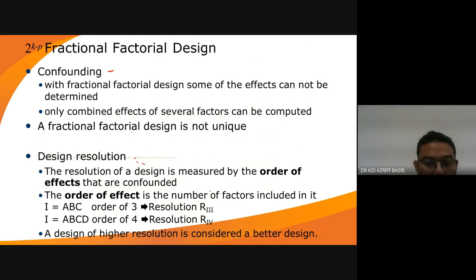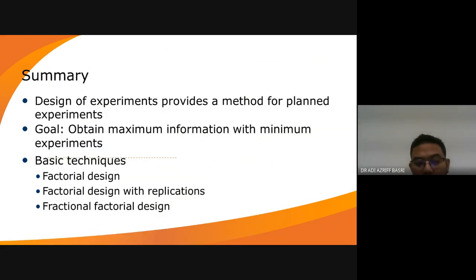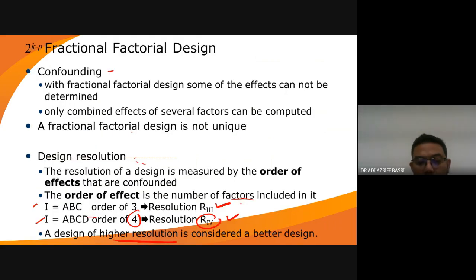The order of an effect is the number of factors included in it. For example, if I equals ABC, you have an order of 3, resolution R3. If it is ABCD, you have 4, resolution R4. Please remember, a design of higher resolution is considered a better design. So you can see this is a better design than this one.